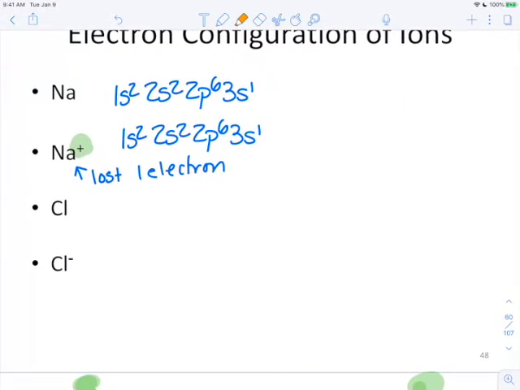So for sodium plus, we have lost one electron. That means we have to reach in and grab an electron out of this electron configuration, and we will be taking off the 3s1. So the rule that we're going to use is we always take away the one from the highest energy level.